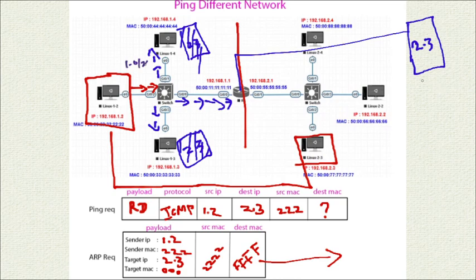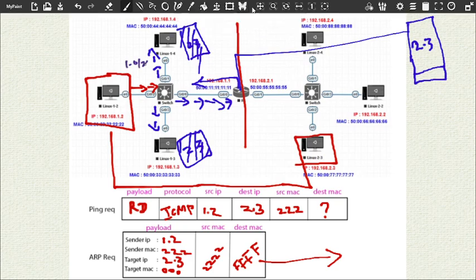The router knows it's not for me but it's routed through me. So the packet reaches it, and 1.1 is replying to him.